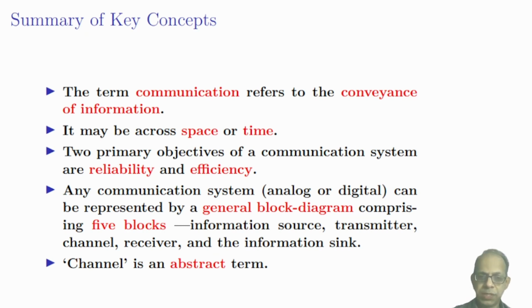Any communication system, whether analog or digital, we will talk about the difference between an analog communication system and a digital communication system in the subsequent lectures. So any communication system, whether analog or digital, can be represented by a general block diagram comprising 5 blocks, and those blocks are information source, the transmitter, the channel, the receiver, and the information sink.